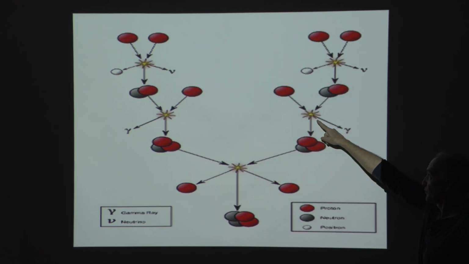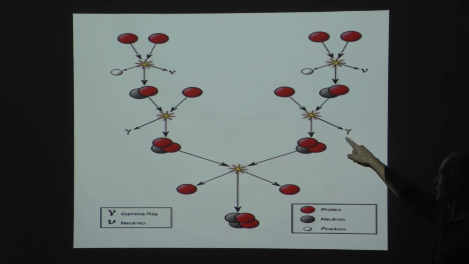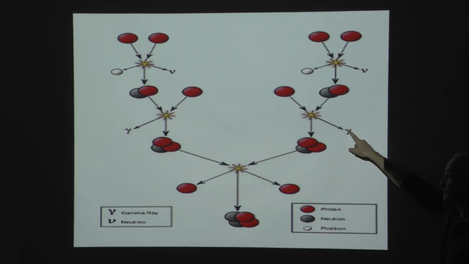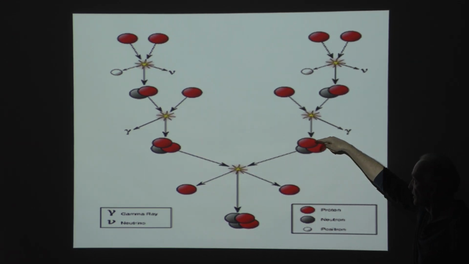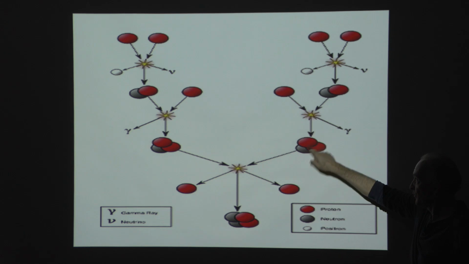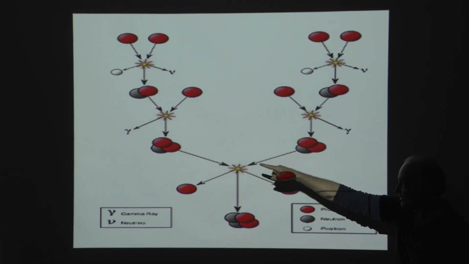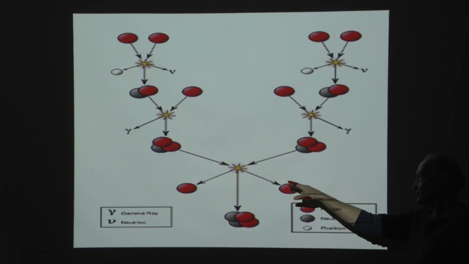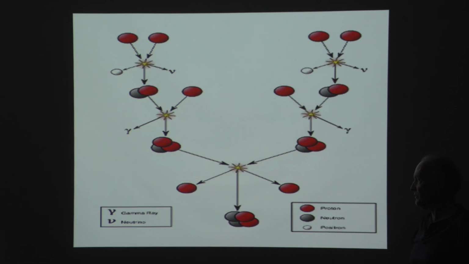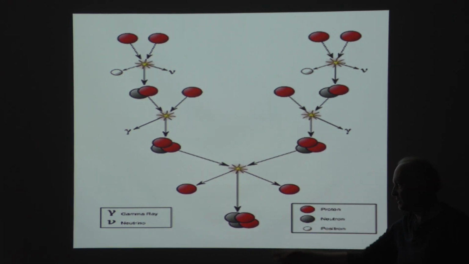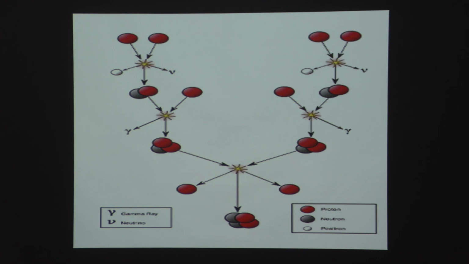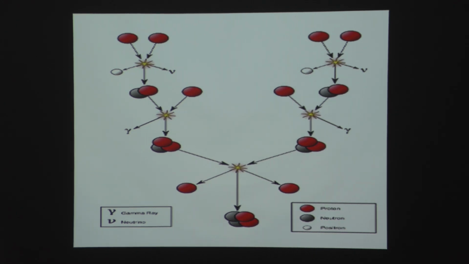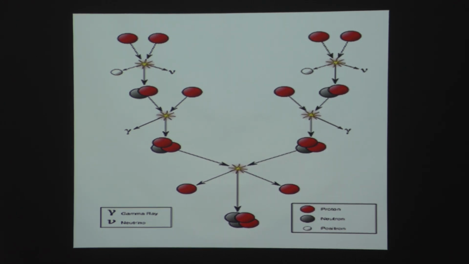When it fuses, it releases a gamma ray, which is light, the sunlight that we see. And it forms a helium atom with two protons but only one neutron. Then the other side combines, and it shoots two of the protons out, and you end up with a helium atom, two protons and two neutrons. That's what's going on in our sun at 600 million tons per second.